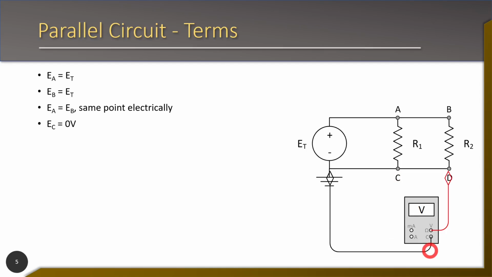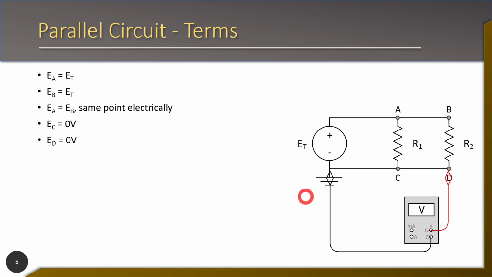Now, if I move the meter over here to the ending of my second resistor, which is at point D, I'm also going to get 0 volts, because it'd be like having two leads of the meter on the negative of my power supply, and we're not going to get any potential difference, because we're physically not measuring across the power supply.